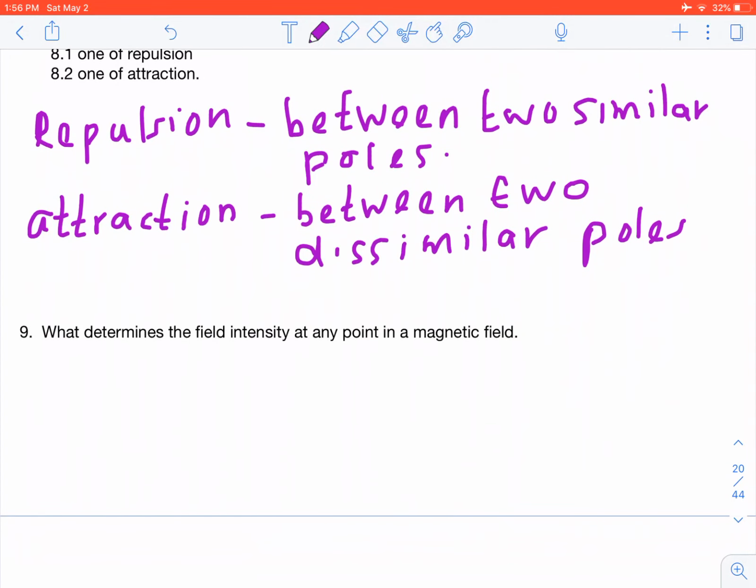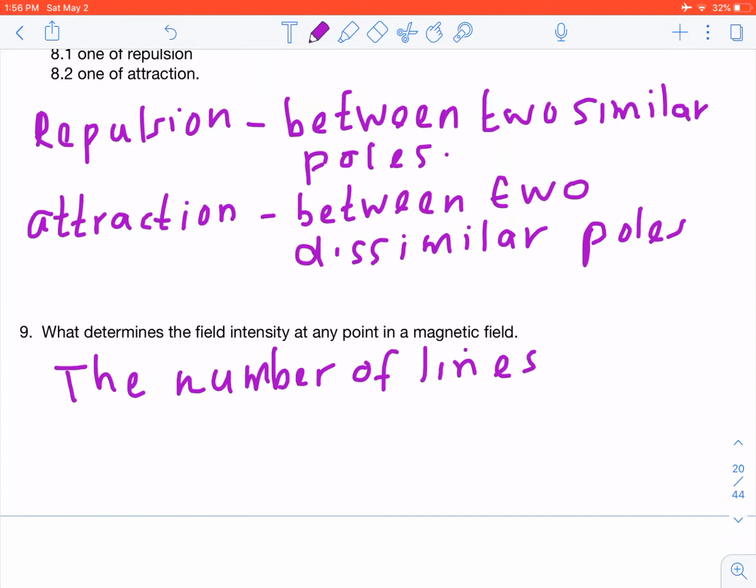And then what determines the field intensity at any point in a magnetic field? We normally say it is the number of lines passing per unit area.